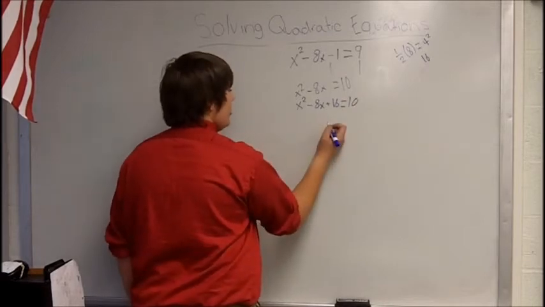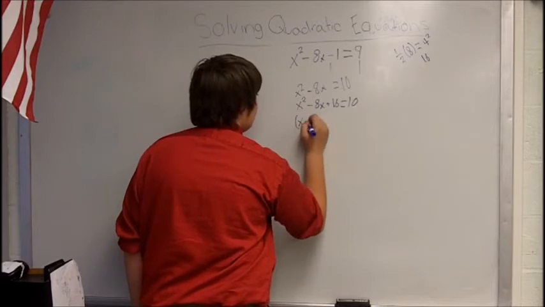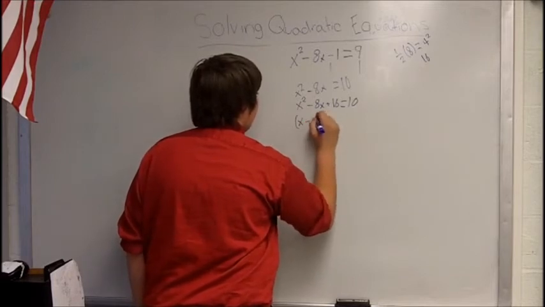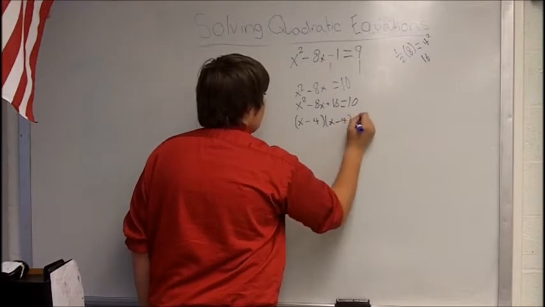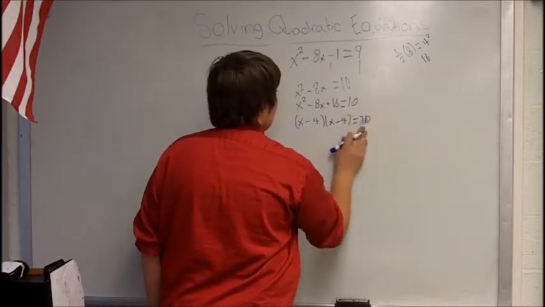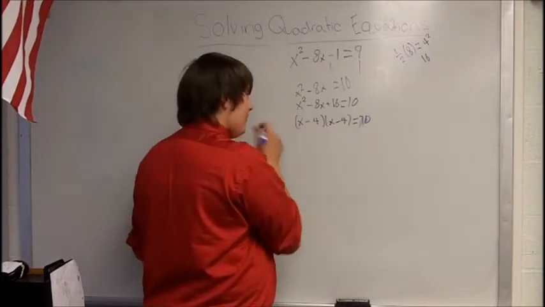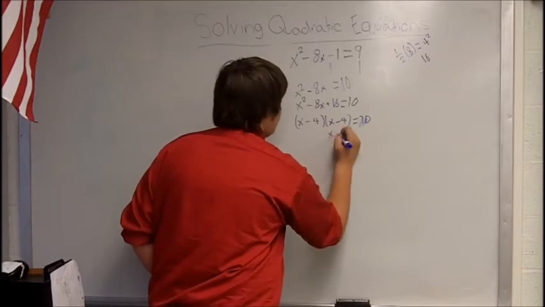So now that this is a perfect square trinomial, I have to factor. So now that I have this factored, I have to combine this with the x minus 4.